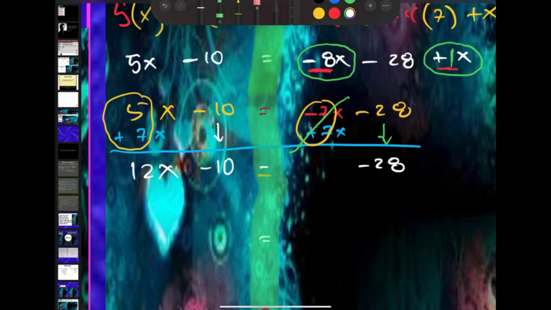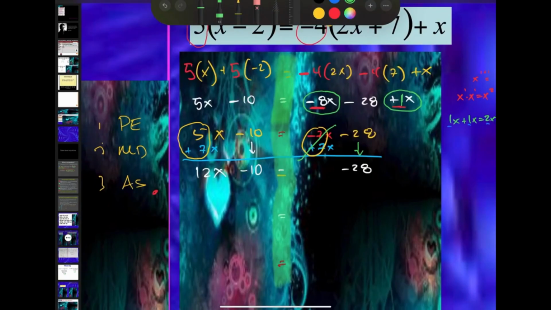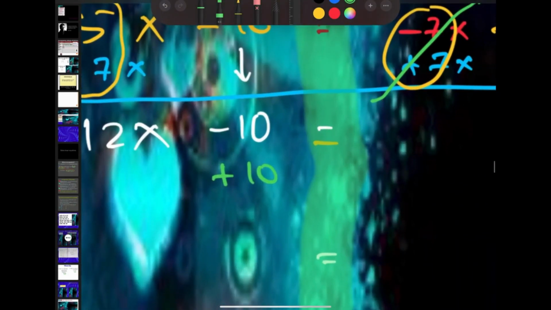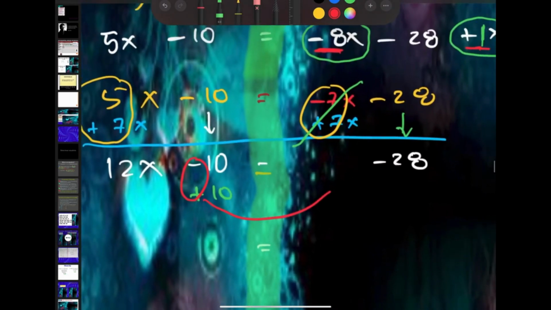Partner B, tell partner A, should we add 10 or divide by 12? Raise your hand, add. Raise your hand, divide. Yep, we're adding here. You see how I'm doing opposites to go across the equal sign?